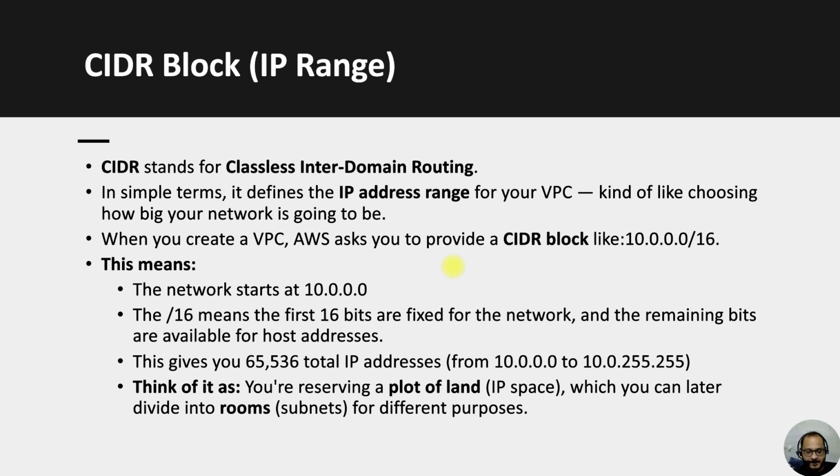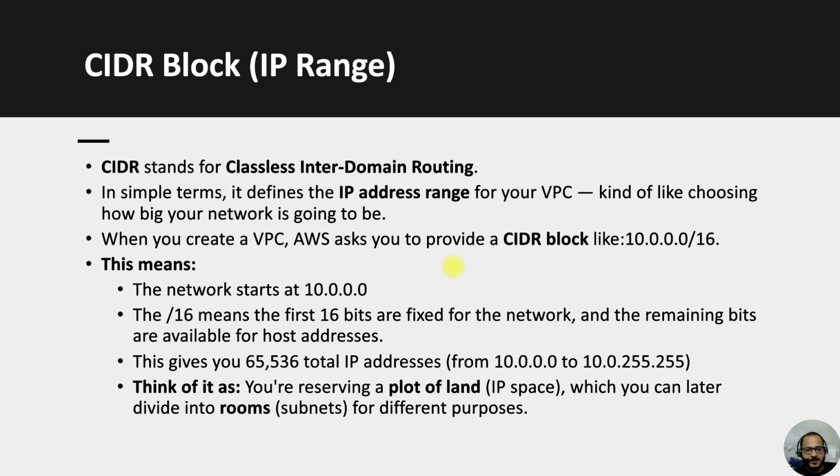Like for example, I'm getting 10.0.0.1, somebody is getting 10.0.0.2. So basically this is for the identification of that particular user, and that user can access the resources of your organization. The same concept is in AWS.